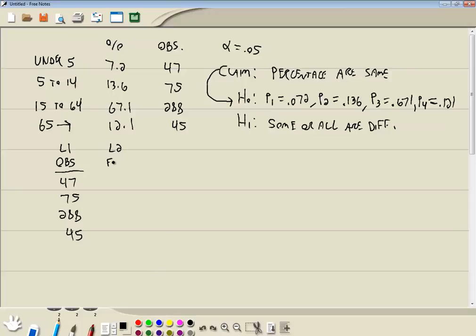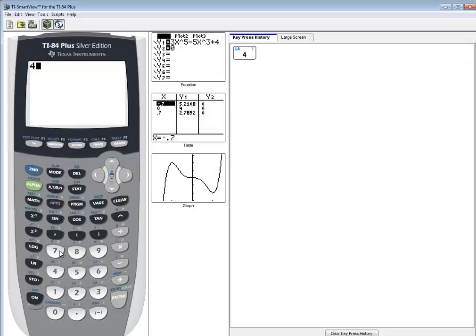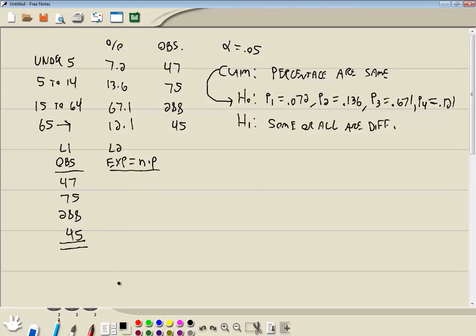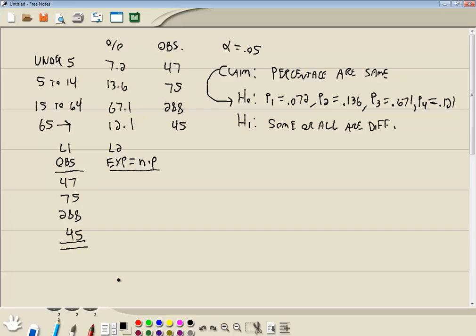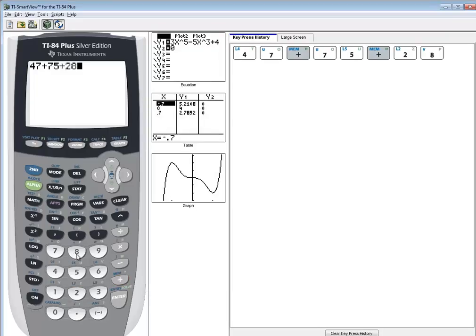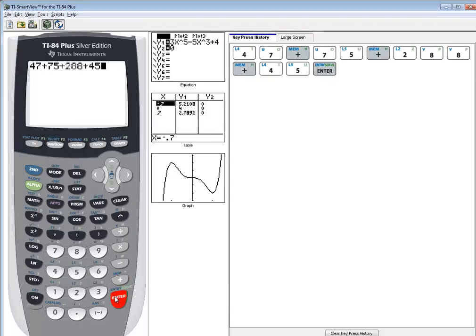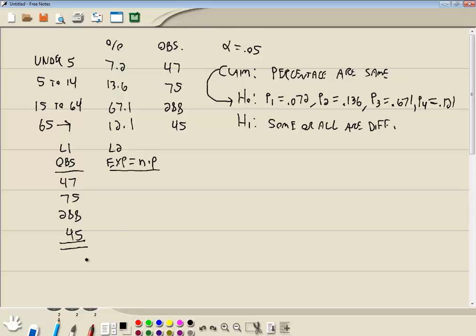Our L2 is the expected, which is N times P. Now N you get from adding these together. So I got 47 plus 75 plus 288 plus 45 gives us 455. So that's our N.